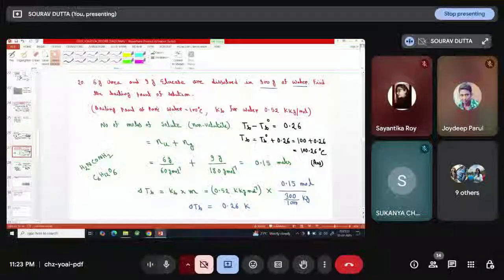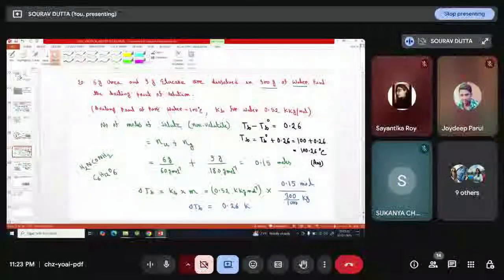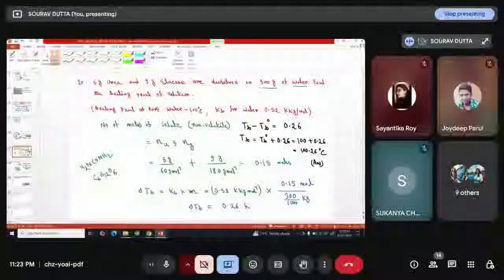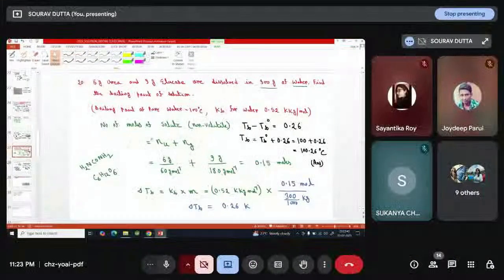Fine. So number of moles of solute, non-volatile solute obviously, urea and glucose. What is the total mole number? In this case 2 solutes are present, no issue. So the number of moles of solute equals mole number of urea plus mole number of glucose, both are solute molecules.